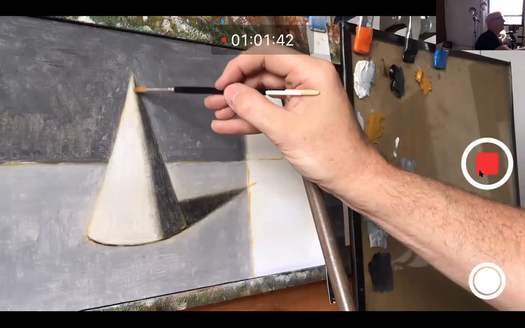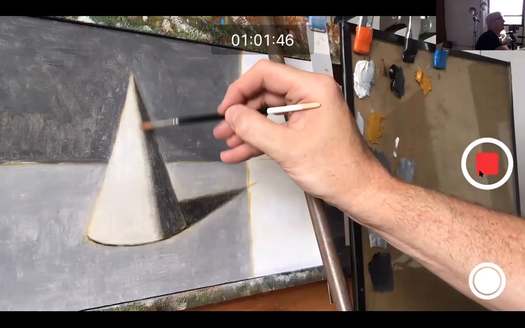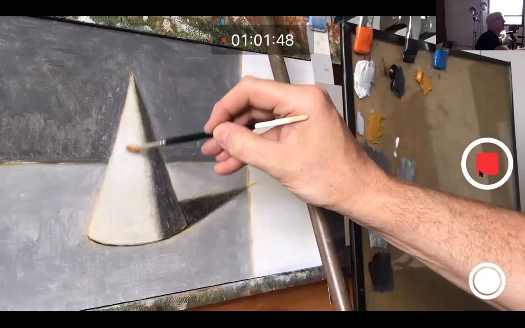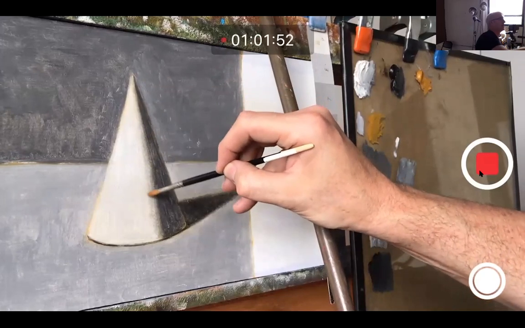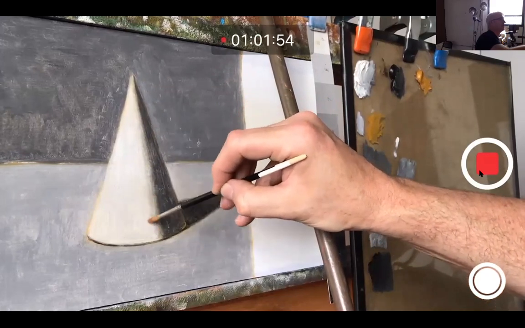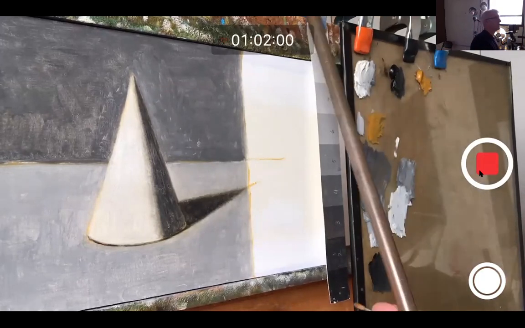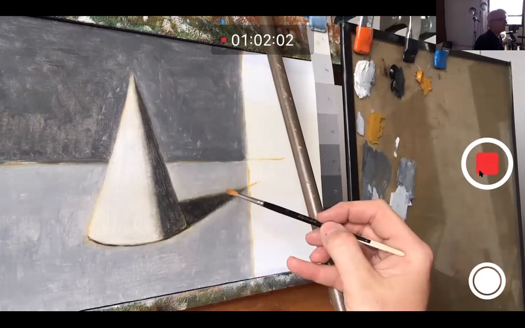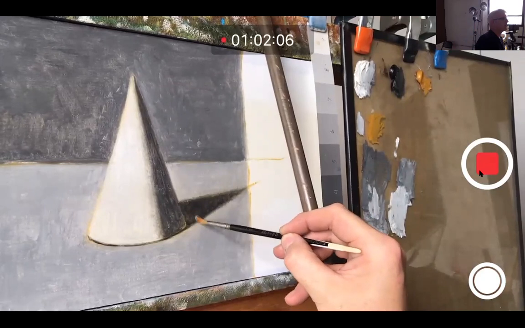Now, in order to start to develop a really convincing representation of a believable object in space, I don't need a huge range of value differences. I can work within a relatively simple value range and still make a convincing representation of an object in space.